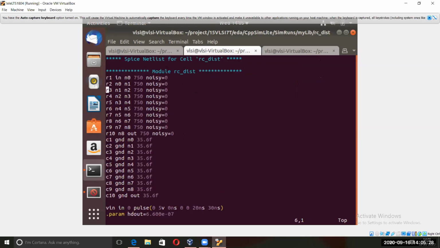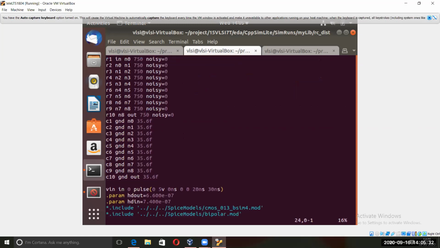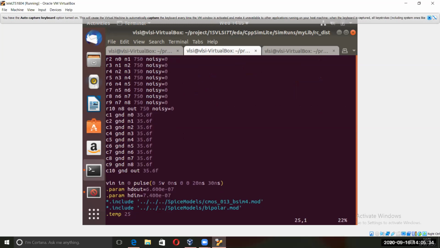There will be 10 resistors and 10 capacitors. You can give it in the schematic also. For this first one, I have only mentioned the node, and this line will come by default. If you don't give it, then you have to write this line here.